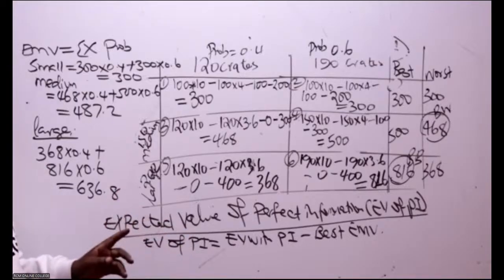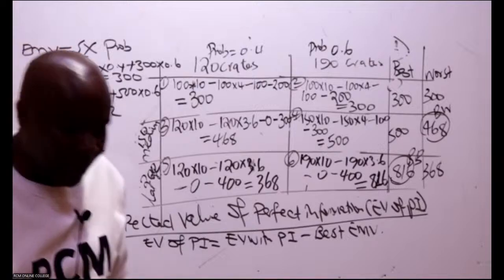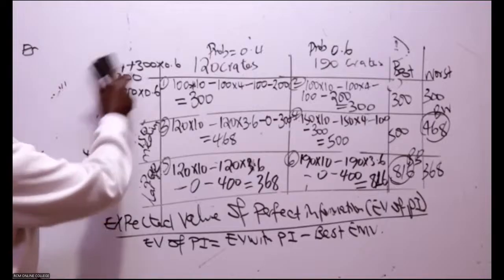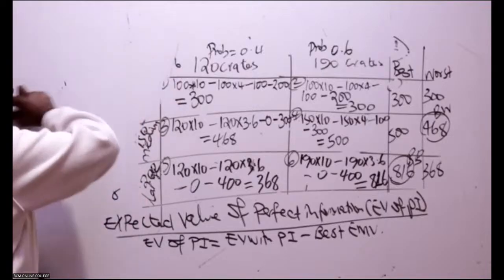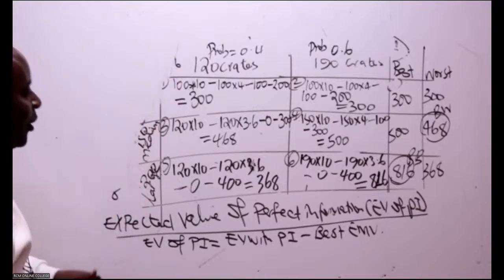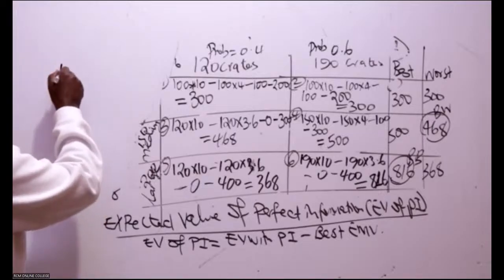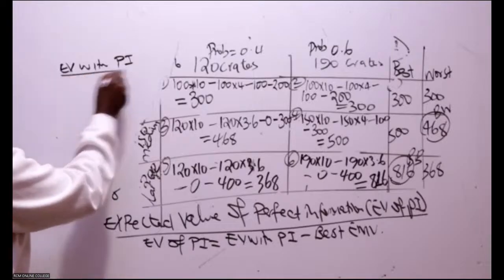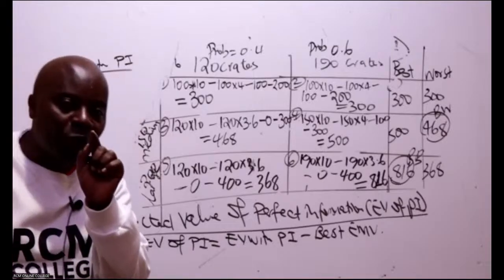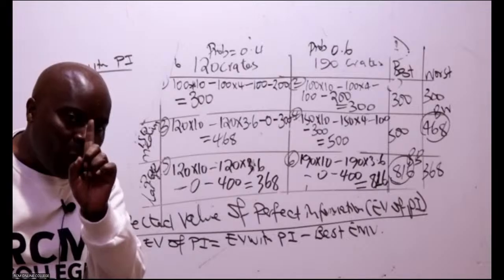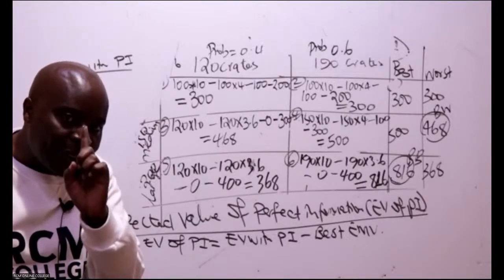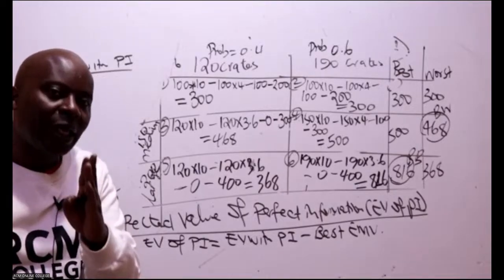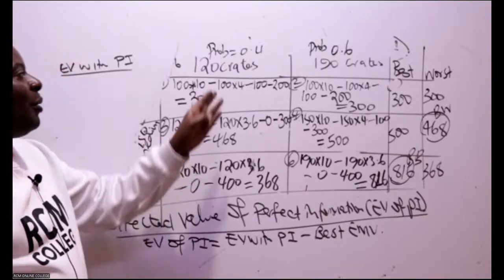Now please listen. I will first of all compute this EV with PI. To get this EV with PI, we shall always go to each state of nature, one at a time, selecting the best outcome. Because these experts are coming to tell us, hey, there will be rain, hey, our demand will be this.